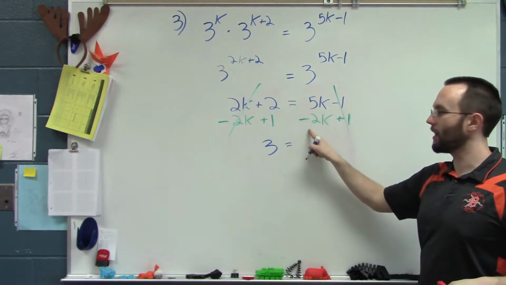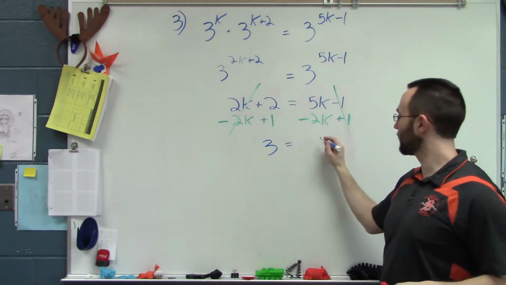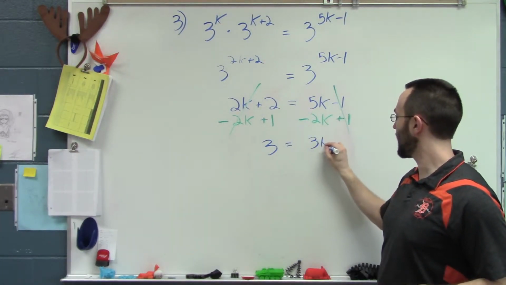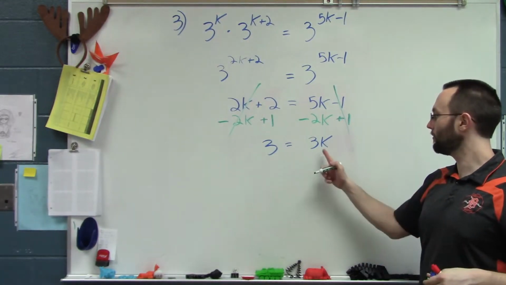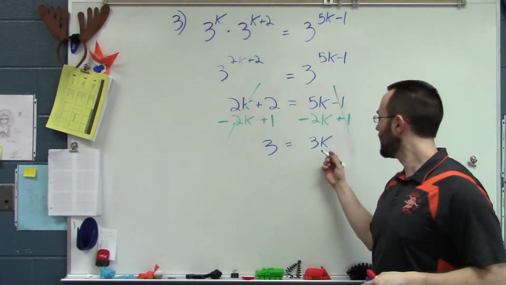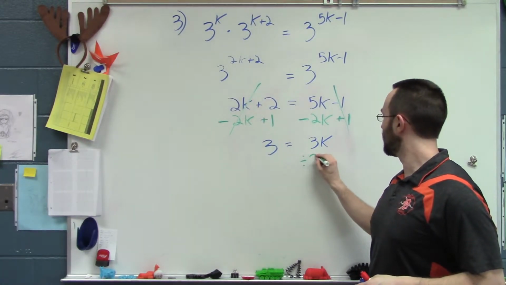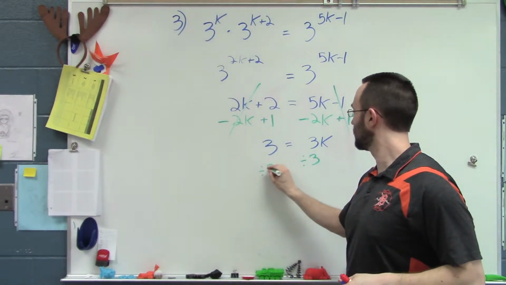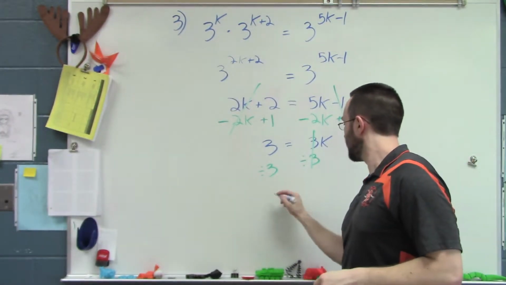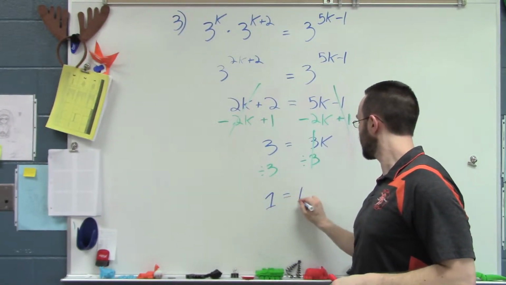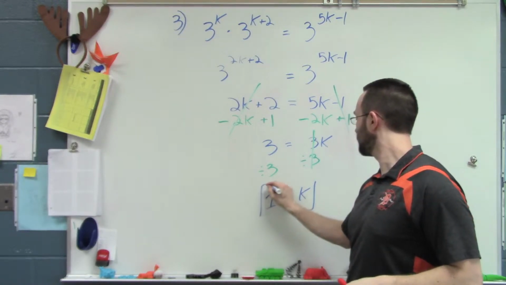On the right, 5 take away 2 will also give me 3, but on the right that's a 3k. And last but not least, in order to get k by itself, right now I have k times 3. The opposite of times 3 is divide by 3. So 3 divided by 3 will be 1. So k is 1.